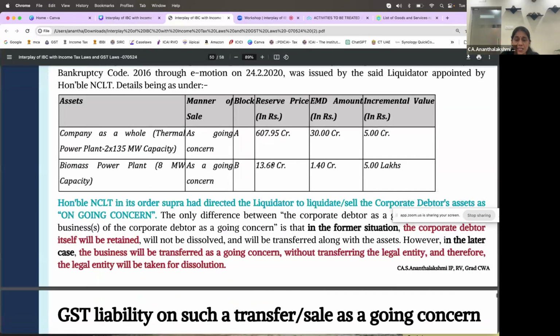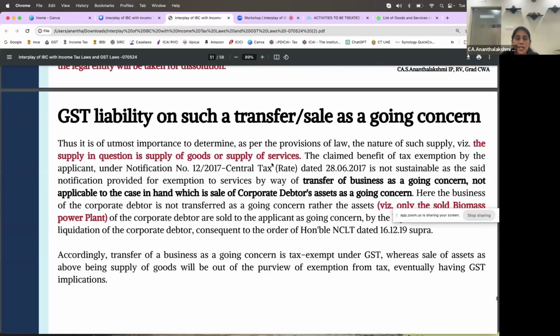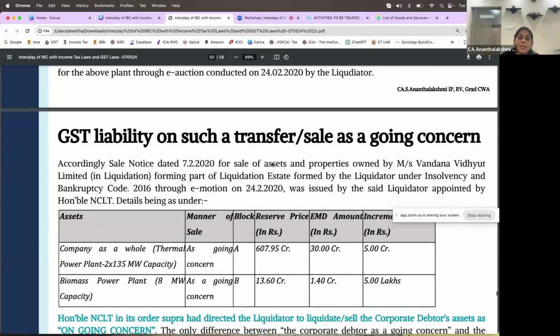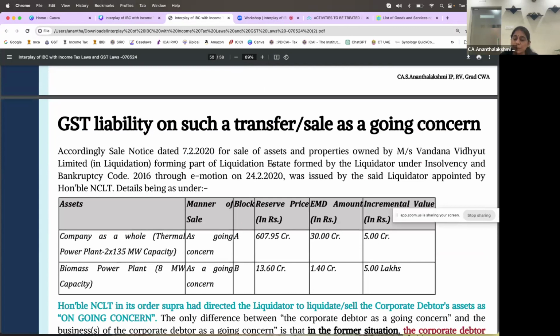In this case, it was held that the sale of the plant means he's interested to take up the plant alone, that particular machinery alone. In that case, we can't say it is an undertaking, or that it is a business as a going concern. So they have declared the first one, the company as a whole, is different, no question on it, it is a going concern.